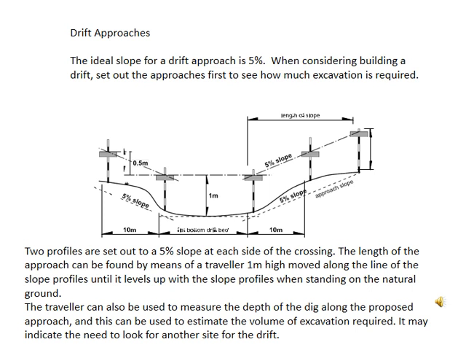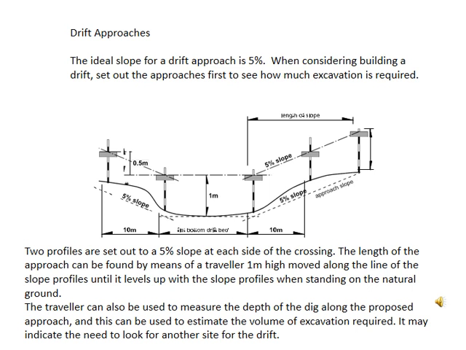With the drift approach, the ideal slope for the approach is 5%. When considering the bearing and the drift, set out the approach first to see how much excavation is required. So you see the drift bed, the diameter, and also the approach slope. The approach slope can be a 5% slope. Two profiles are set out at the 5% slope at each side of the crossing.